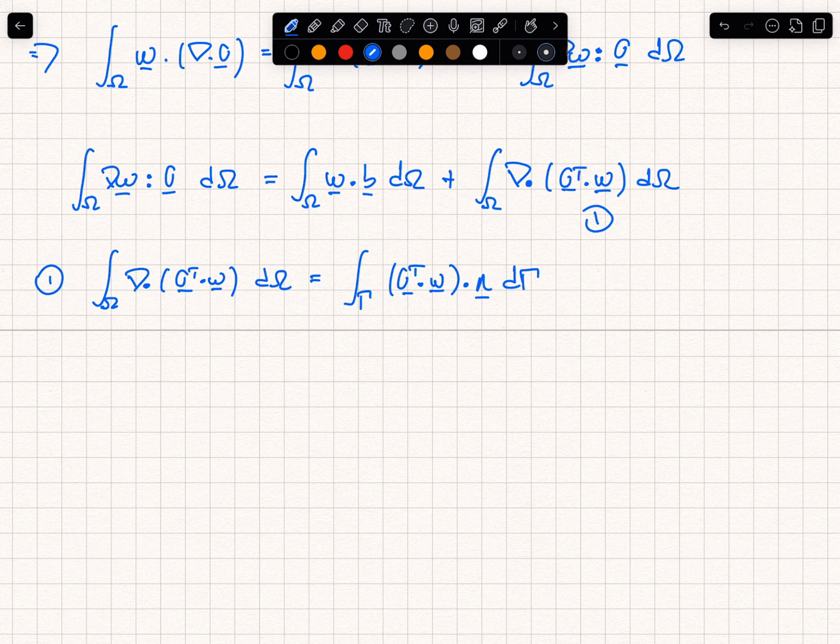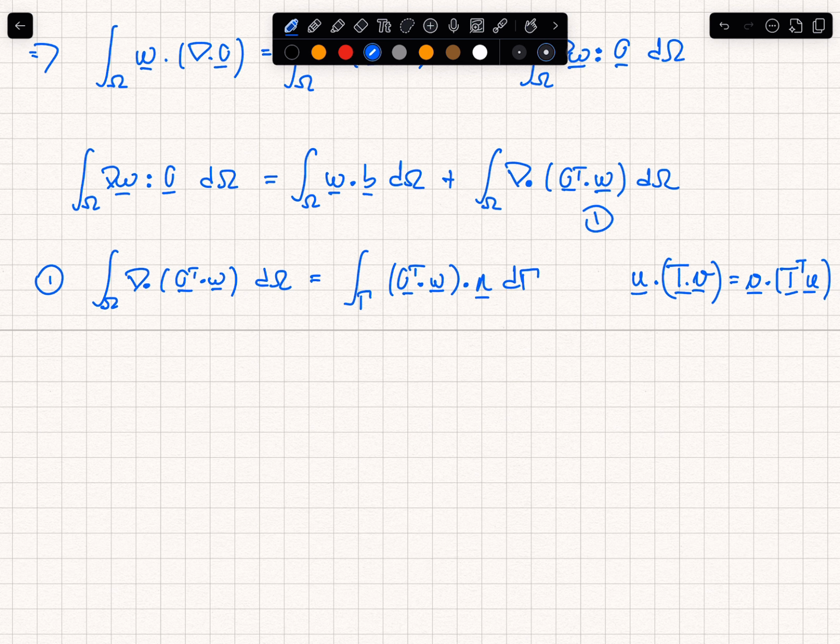Yeah? And by definition of the transpose of a tensor, I don't know if you know this, but if you have some vector u, and then you have some tensor t that is operating on another vector v, that is equal, by the definition of the transpose of a tensor, to v dotted with t transpose operating on u. That is the way the transpose of a tensor is defined to make this operation work.